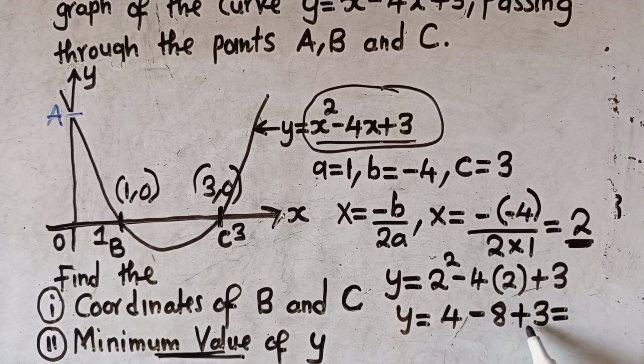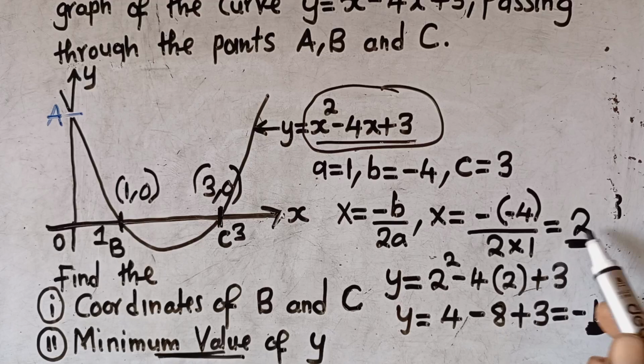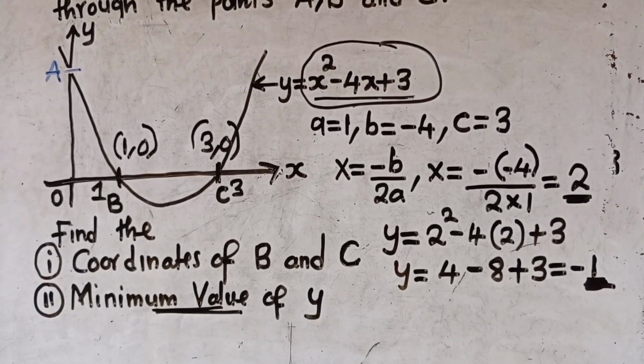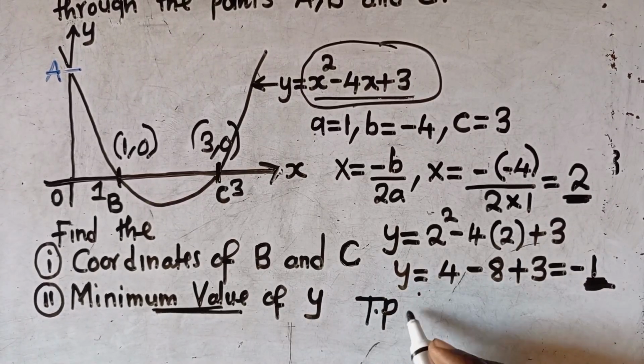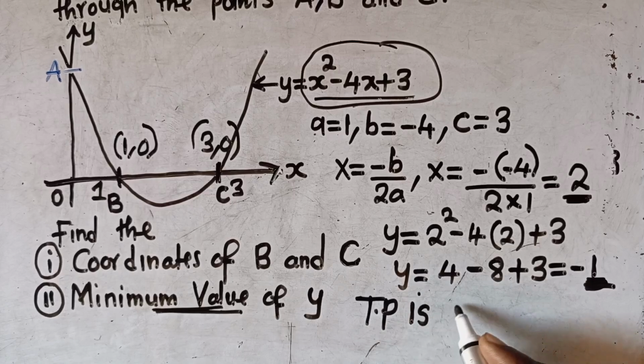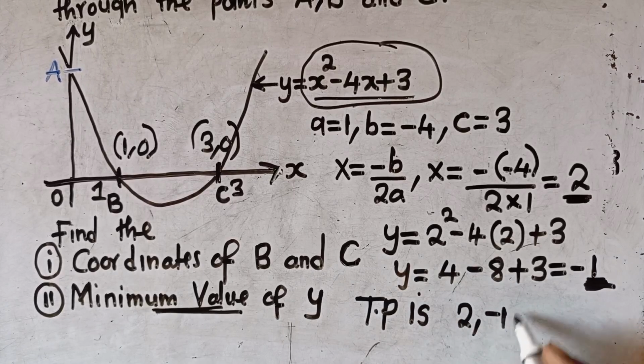Here you are going to get negative 5. 4 minus negative 5, you get negative 1. This is the answer you are going to get. So since y is equal to negative 1, x is 2. This is how we get to find the turning point. In this case, the turning point, TP, is x is 2, y is negative 1. So this is the turning point.